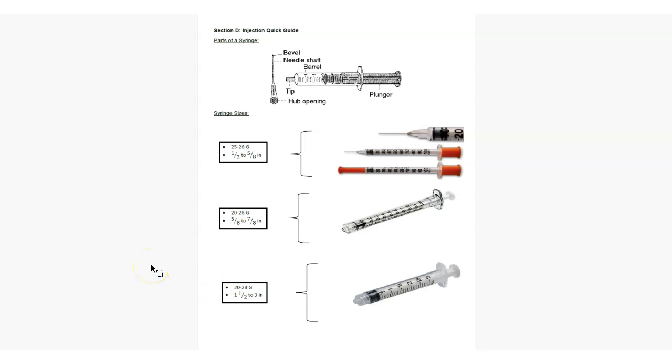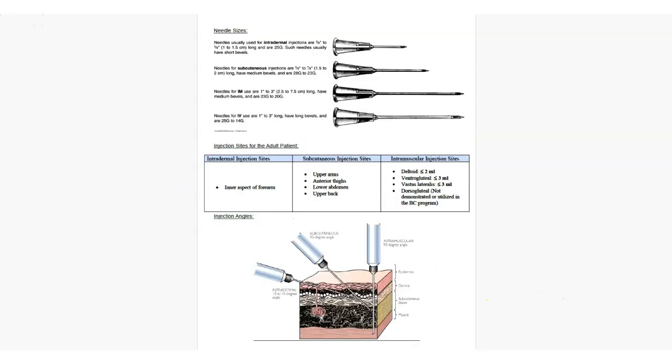So depending, is it going to be on the deltoid or maybe a smaller framed patient? Or is it going to be on the gluteus maximus or a bigger patient? Those are the things that you want to consider when choosing the needles to administer the medication that was ordered. So please review this and be familiar with the sizes of needles.